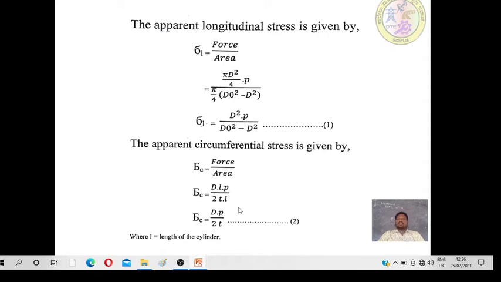Therefore it is 2. Now sigma c equal to dp divided by 2t. Let it be equation number 2, where L equal to length of the cylinder.